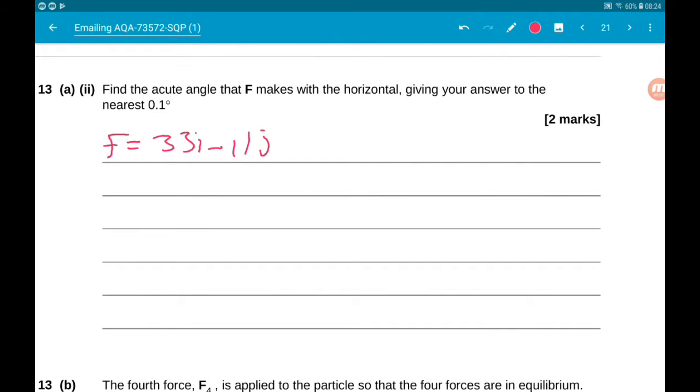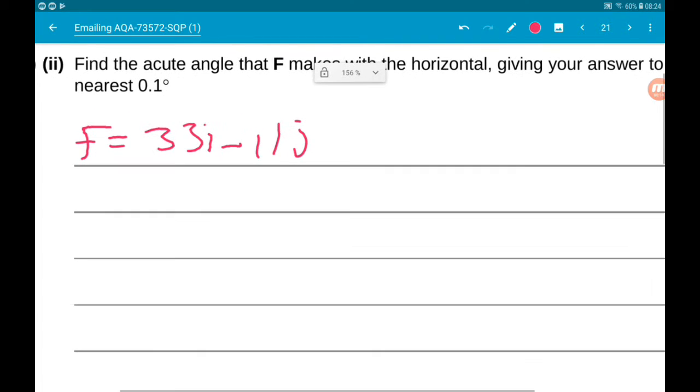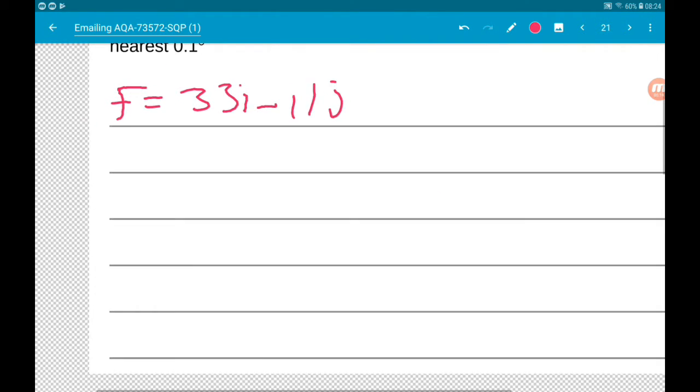Okay, part B wants us to find the acute angle that F makes with the horizontal, giving our answer to the nearest 0.1 degree. So, we know that F is 33i minus 11j.